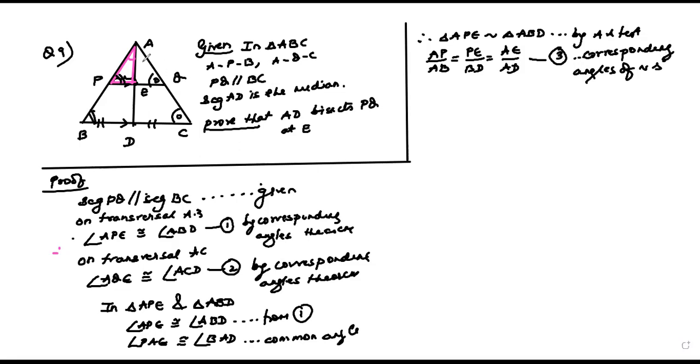In the same way, I can now prove triangle AQE similar to triangle ACD. In triangle AQE and triangle ACD, you can see it clearly, children. Angle AQE is congruent to angle ACD, from 2.